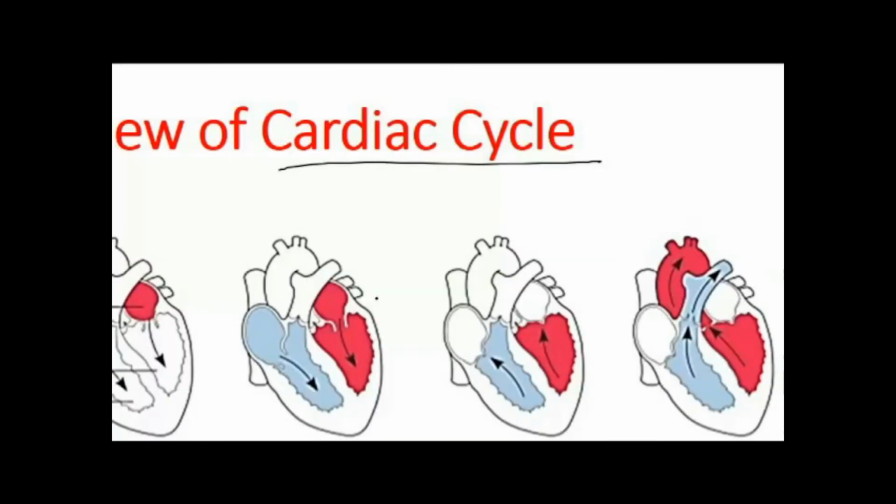Ventricular systole increases the ventricular pressure, causing the closure of tricuspid and bicuspid valves due to attempted backflow of blood into the atria. This closure of AV valves at the beginning of ventricular systole produces a sound called lub, and this is known as the heart's first sound.